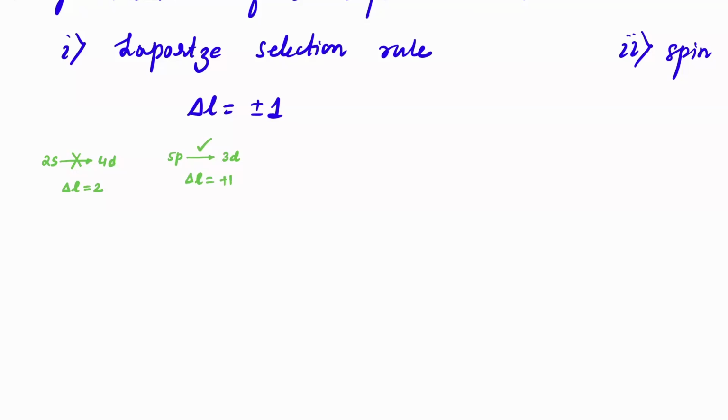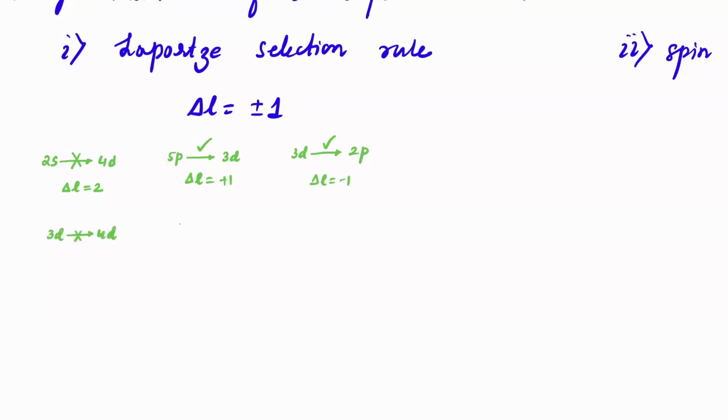So you can see delta L value is plus or minus 1 here. Got it? Similarly, if you have 3d de-exciting to 2p, here also you will notice delta L value is minus 1. This is a correct transition. Now if it is going from 3d to 4d, then it is not correct.